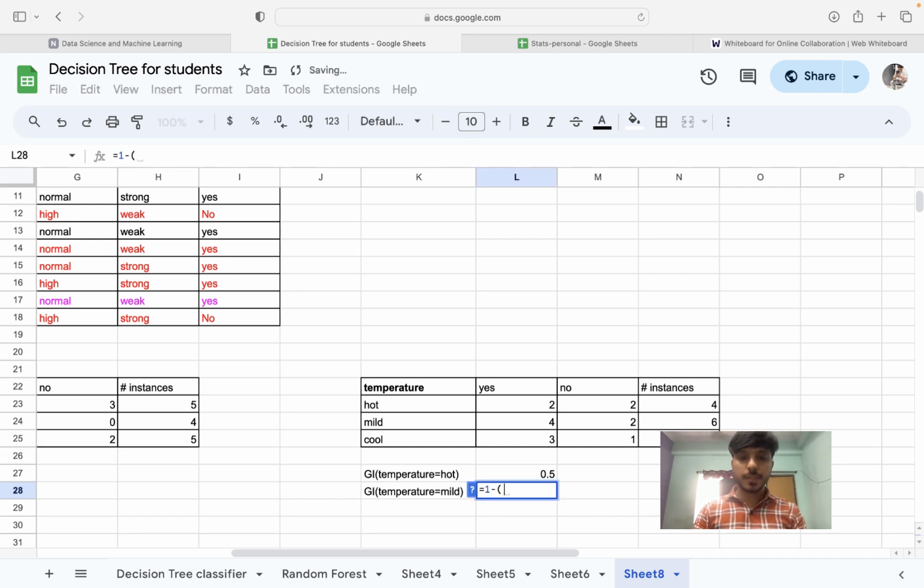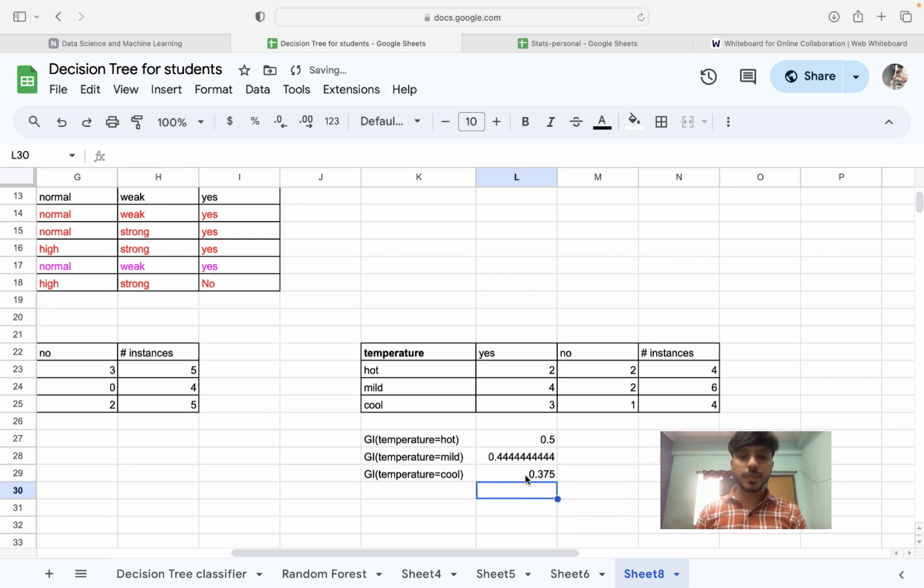So 1 minus 4 by 6 whole square minus 2 by 6 whole square. That's another Gini impurity. Similarly for cool: 1 minus 3 by 4 whole square minus 1 by 4 whole square. That's my Gini impurity for each of the classes within temperature.